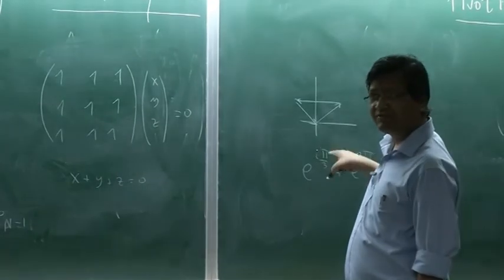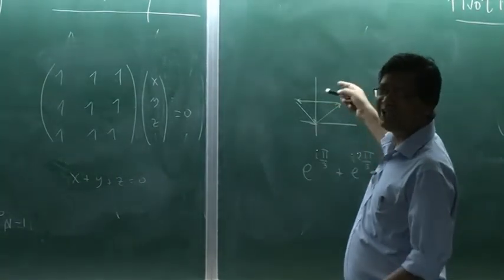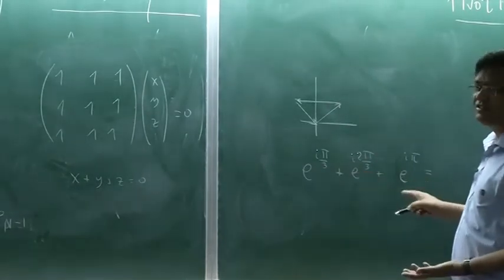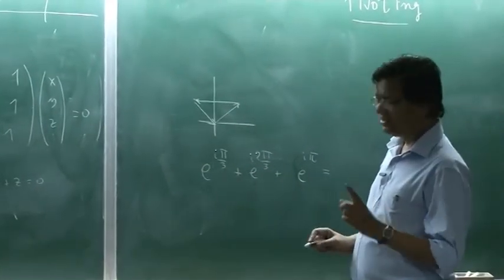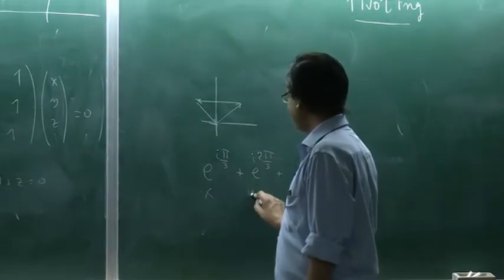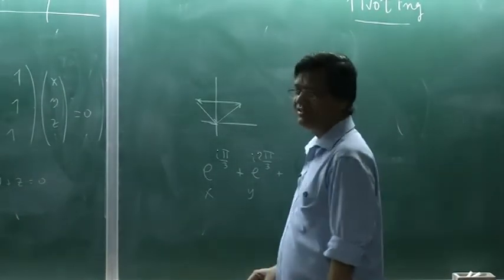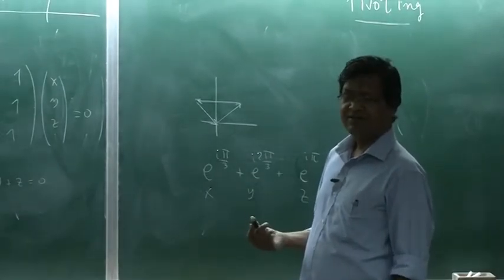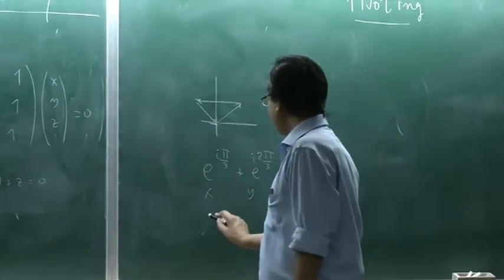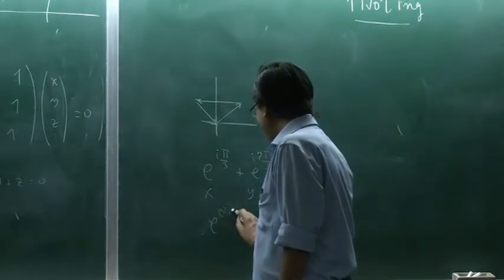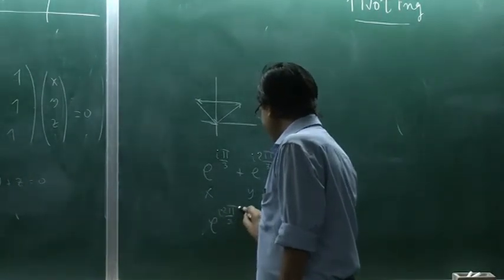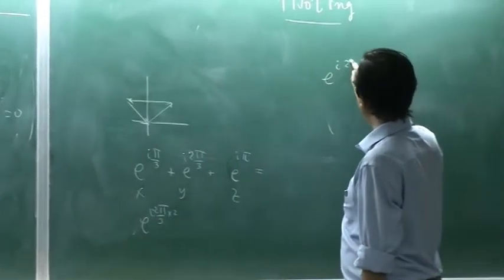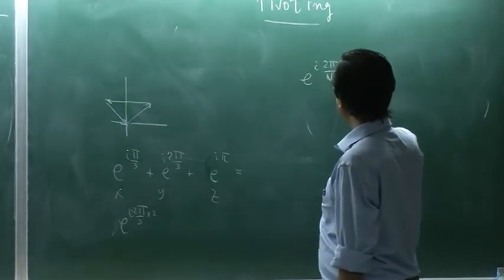These are Fourier transforms, right? So e to the power 2 pi i by n, the discrete Fourier transform. These are the solutions. This is one solution, x, y, z. What is the other solution? I give the hint, multiply by 2. Remember the Fourier transform e to the power i 2 pi by n jk.